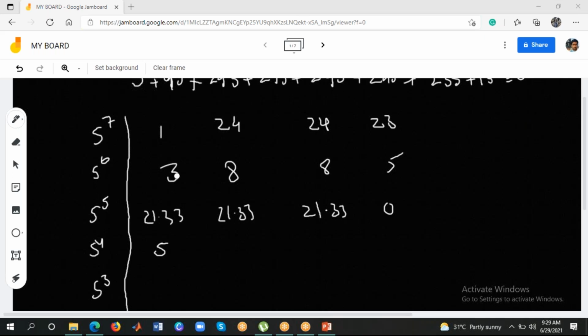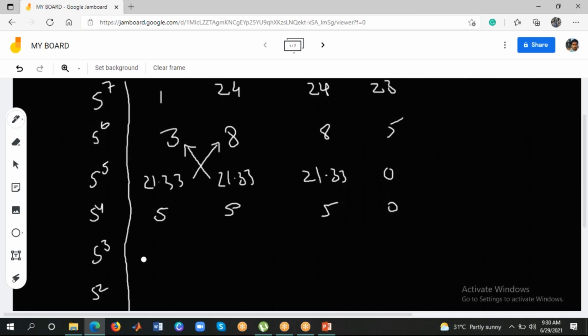Similarly, 21.33 into 8 minus 21.33 into 3 divided by 21.33, you get 5. Here also you will get the same, 5. Next, 21.33 into 5 minus 0 divided by 21.33, so you will get the same. And then 0.